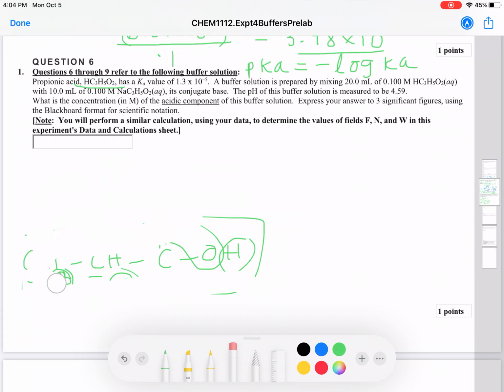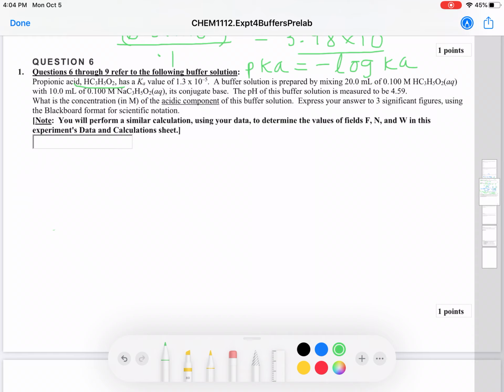Now we're going to be making a buffer from this propionic acid and the conjugate base of the propionic acid. So this is the propionic acid, CH3, CH2, CO2H, and then the conjugate base would be CH3, CH2, COO minus.